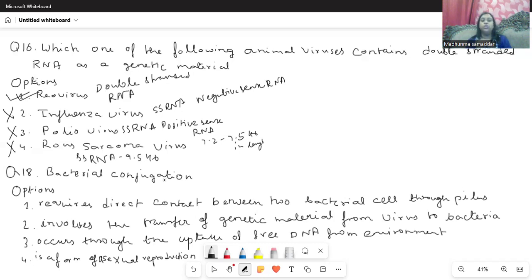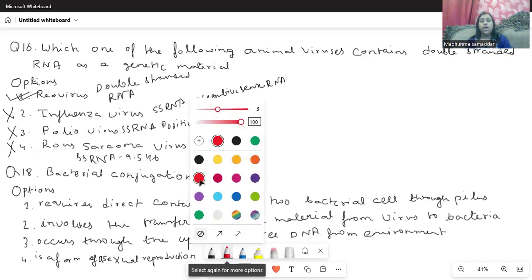Bacterial conjugation. Then comes the options. Option number 1 requires direct contact between two bacterial cells through pilus, 2 involves the transfer of genetic material from virus to bacteria, 3 occurs through the uptake of free DNA from environment, and the fourth option is a form of asexual reproduction.